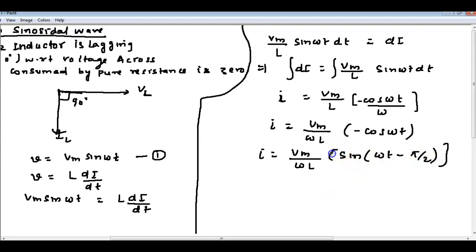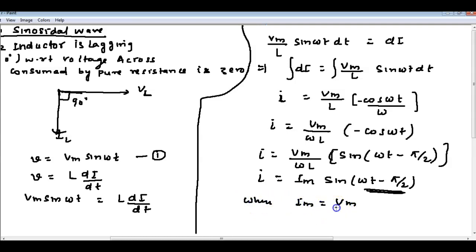Getting it or not? So I is equal to Im sine of omega t minus pi by 2. This is the current equation, but it is lagging by pi by 2, where Im is equal to Vm by omega L. Since I is equal to V by R, what is this R?